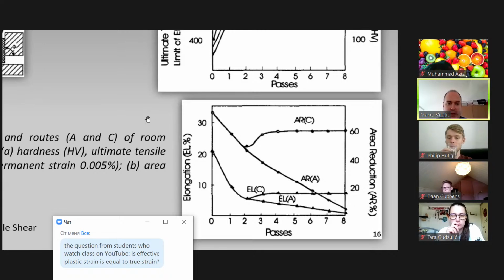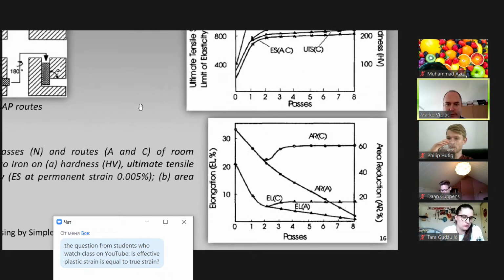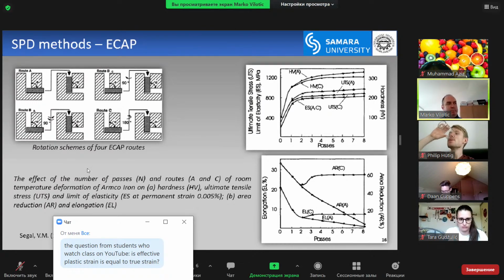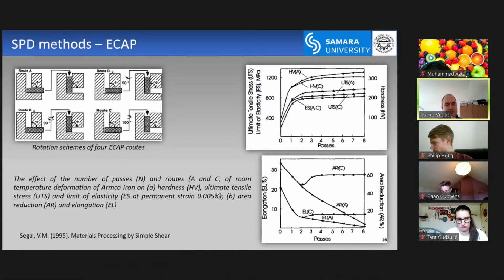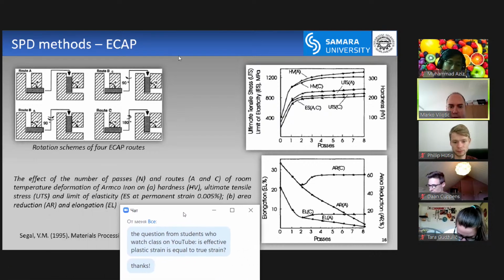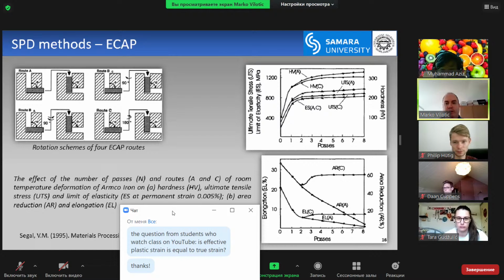One thing to say: SPD can improve the properties of materials, but in this presentation, I'm going to consider just mechanical properties, because SPD can also influence electrical properties, like conductivity and other things. I'm not an electrical engineer, so unfortunately I cannot talk about this.